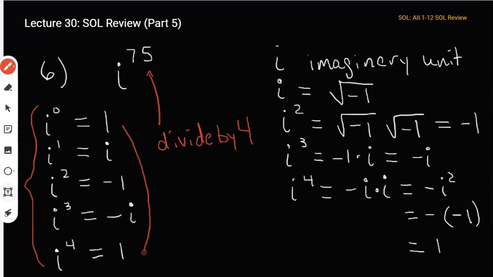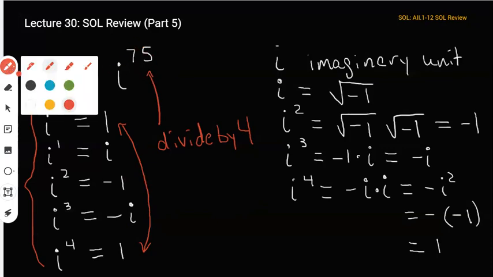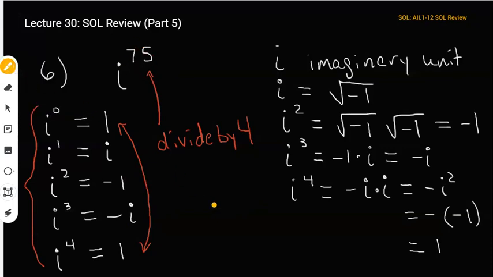So see how this 1 is repeated down here? So the answers are going to repeat themselves every 4 times. So we're going to take this 75 and we're going to divide it by 4.